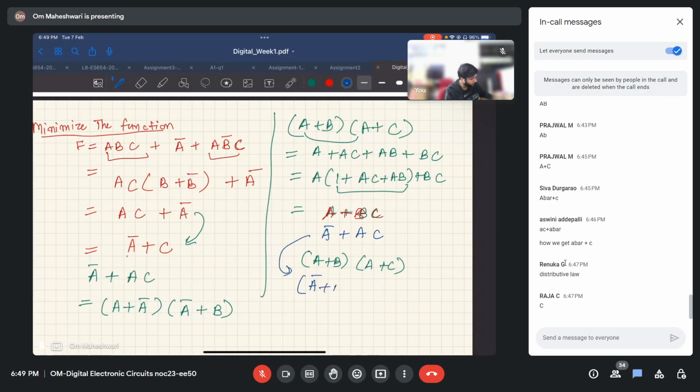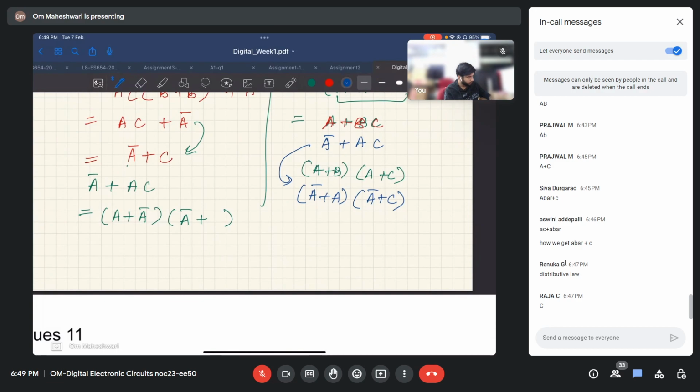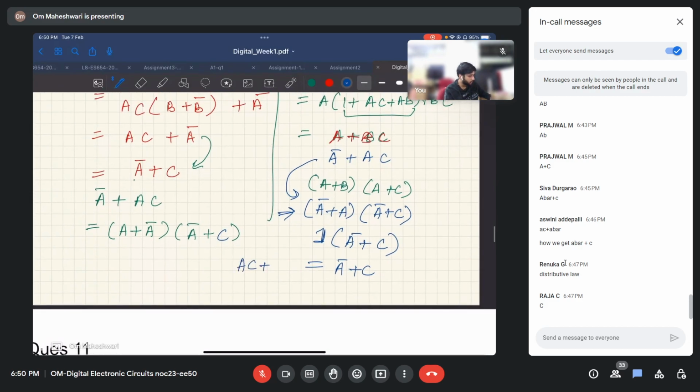Instead of B, we will have A. C is as it is, and again A bar plus C, right? Now A plus A bar is 1. A bar plus C, it is A bar plus C. So we have AC plus A bar equals A bar plus C.